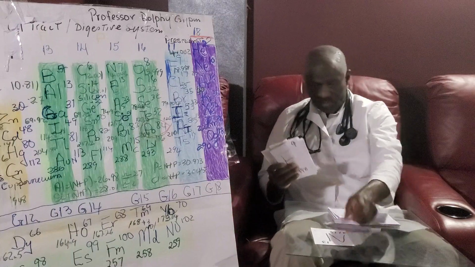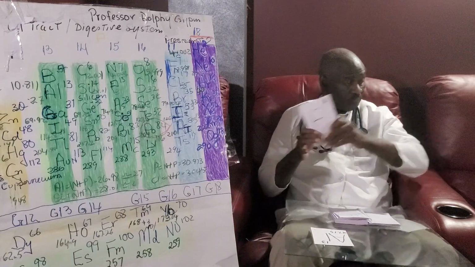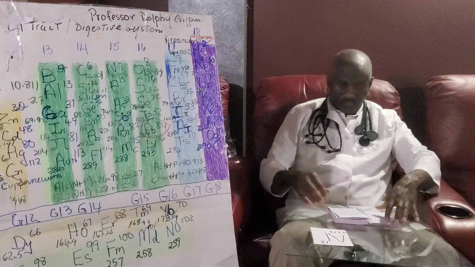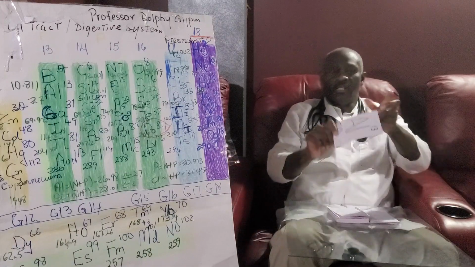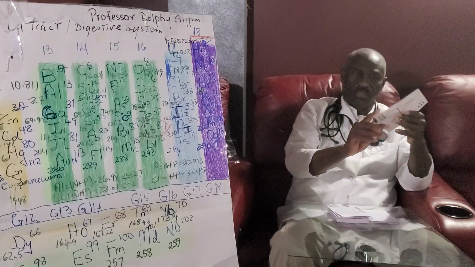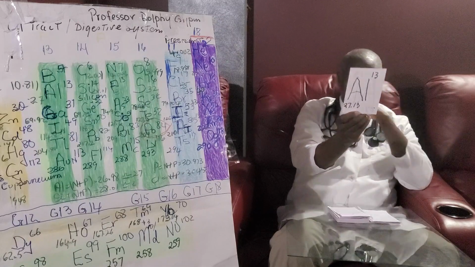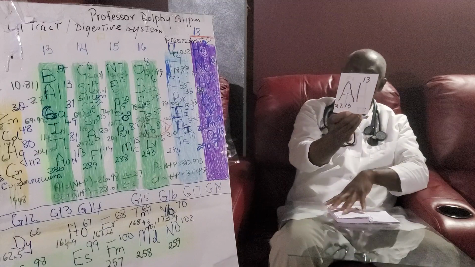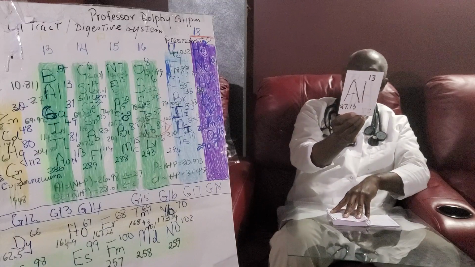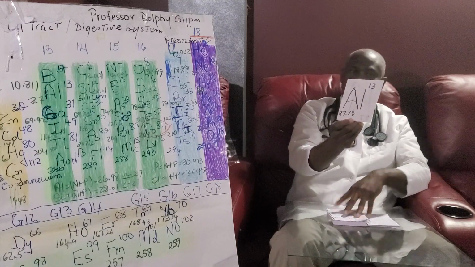And so here we have aluminum. We see here aluminum 13, atomic number 13 and atomic mass of 27.13.